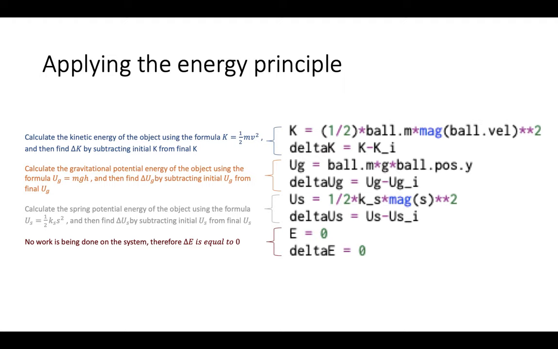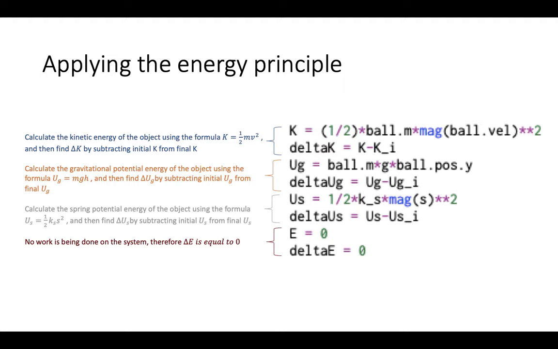First, we calculated the kinetic energy using the velocity found earlier from the momentum principle, using the formula 1/2 times mass times velocity squared. We find delta K by subtracting the initial kinetic energy from the final kinetic energy. We then calculate the gravitational potential energy using the formula UG equals mass times the gravity constant times the height of the object.